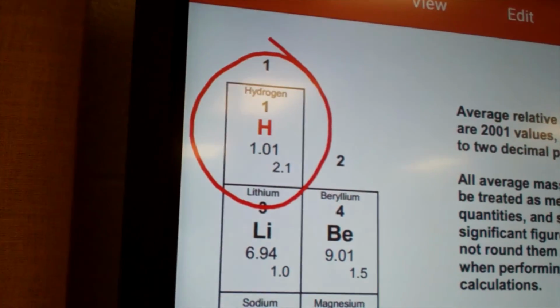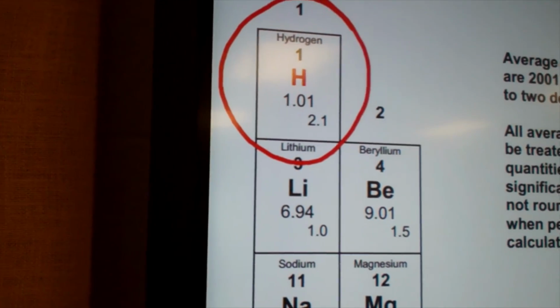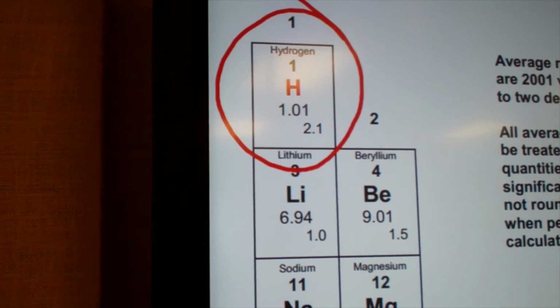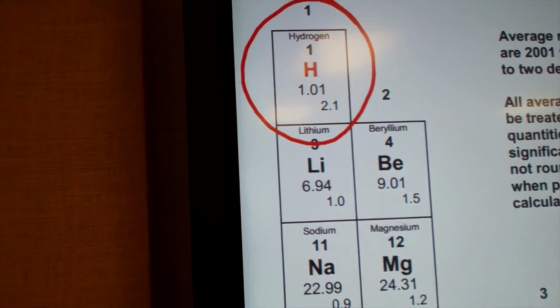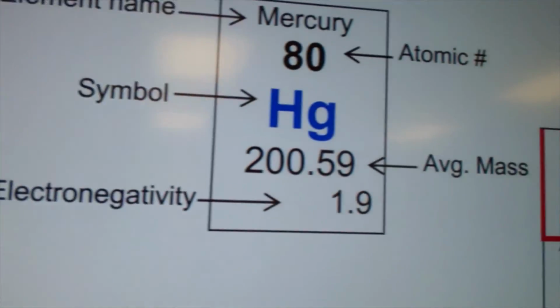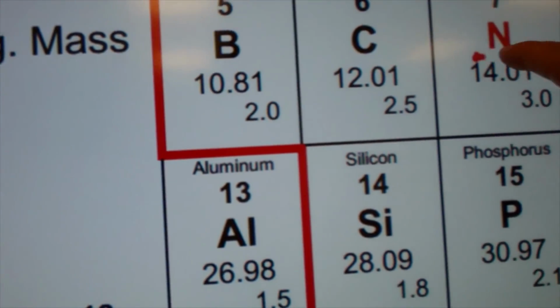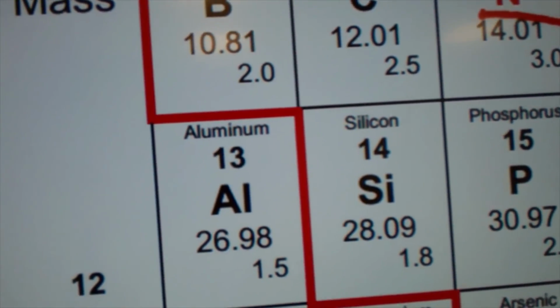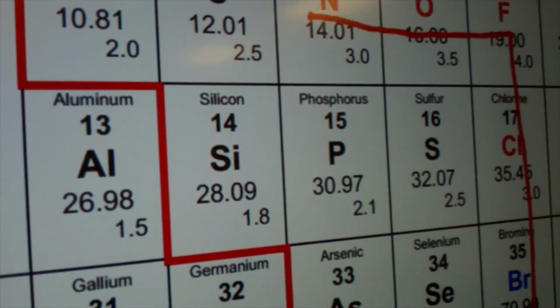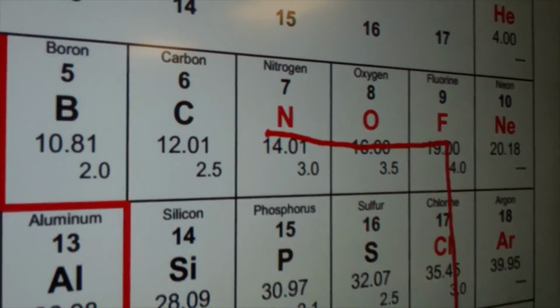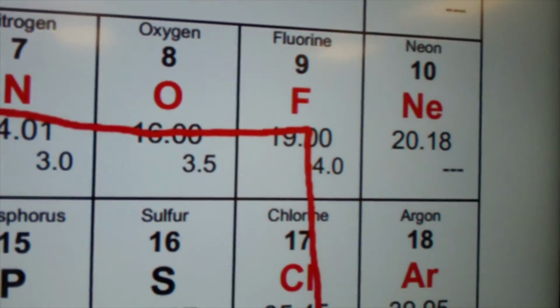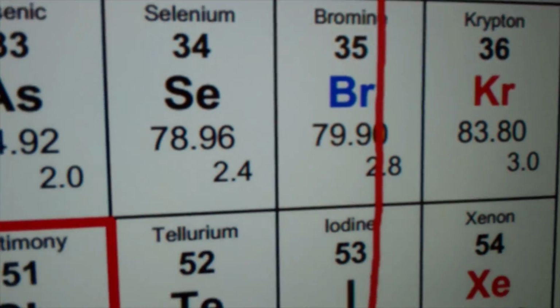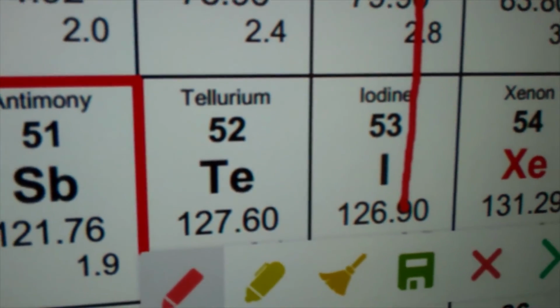There's 6 others. But those 6 form the number 7 on the periodic table. So you're looking at nitrogen, oxygen, fluorine, chlorine, bromine, and iodine.